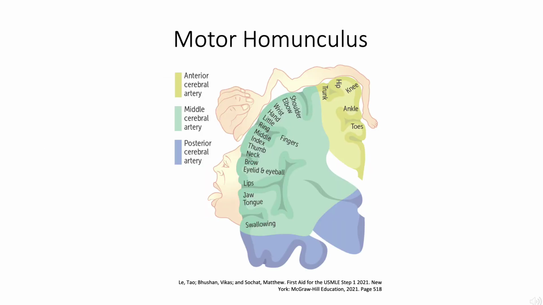On this slide, you can find a picture of the motor homunculus. Now, what is this? This is basically a topographic representation of the body parts along the precentral gyrus of the frontal lobe. So the precentral gyrus, which is the place of the primary motor cortex, is found in the frontal lobe of the brain.